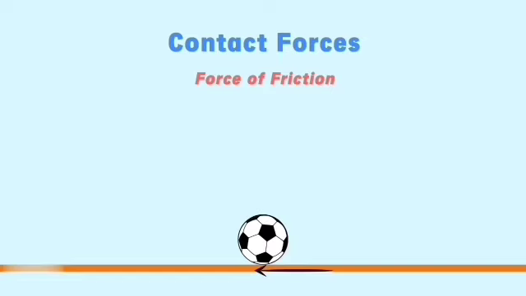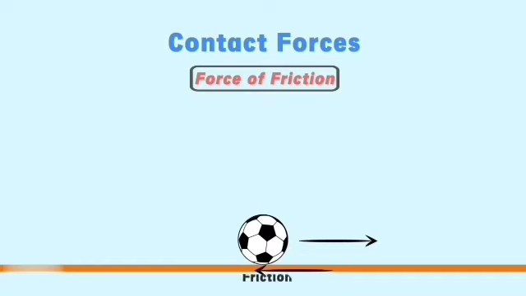So when the ball was traveling towards the right, the surface was applying force on it towards the left. Here the force applied by the surface is called the force of friction. So force of friction is the force that opposes the motion of an object.